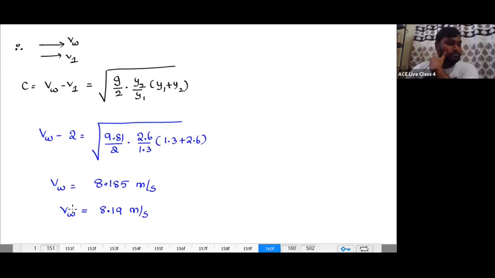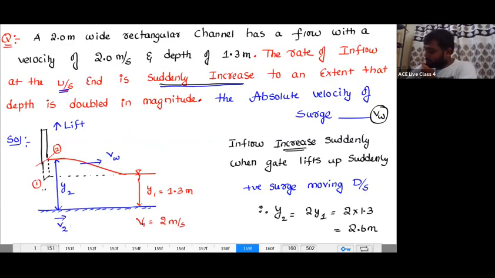Now, I hope you understood this. So when you understand this, I will add one more question over here. I hope you understood or not? Here, upstream, see what is the meaning of this? For this flow, this is going to be downstream and this is going to be upstream.